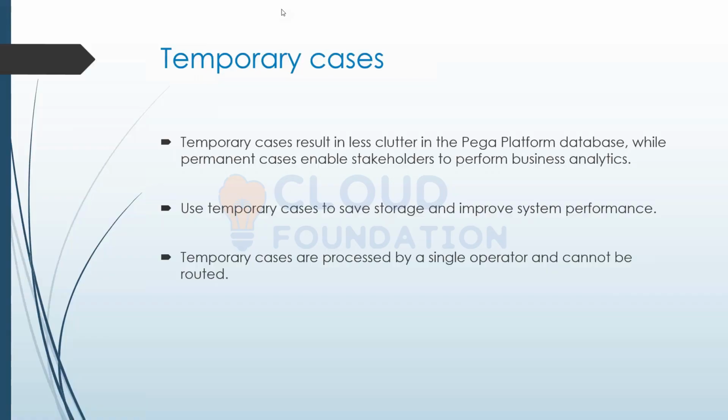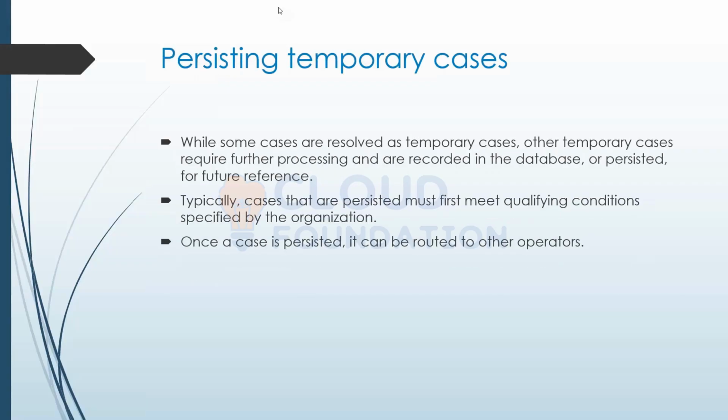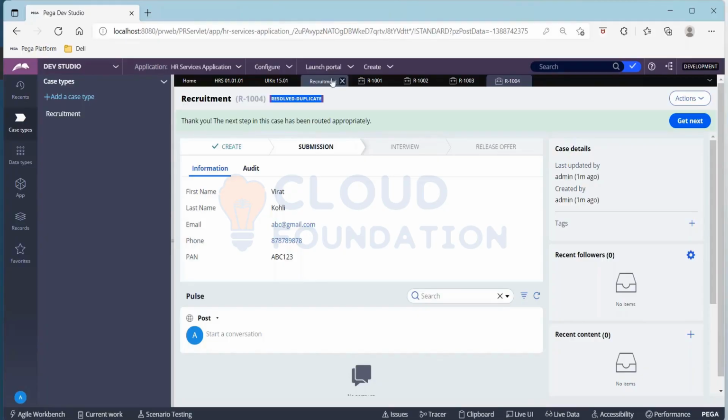There should be some cutoff where you decide, at this point, I will convert my temporary case to a permanent case. That is done using your persist case shape. Until and unless some condition is met, we will keep it temporary. Once it is met, only then I will turn it into a permanent case.